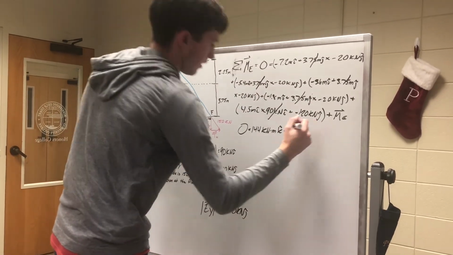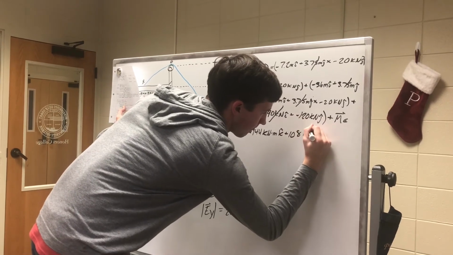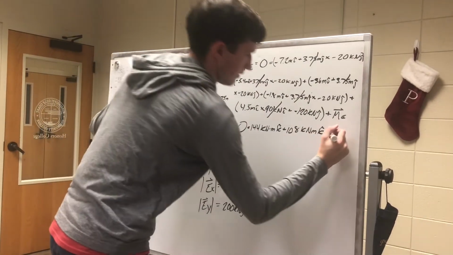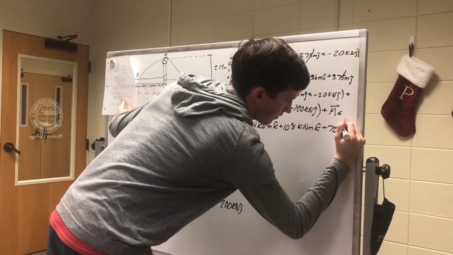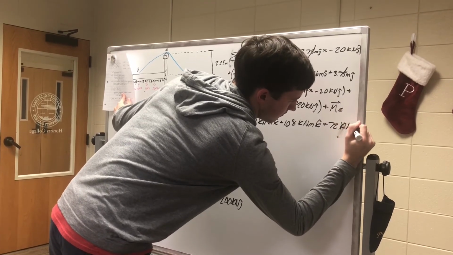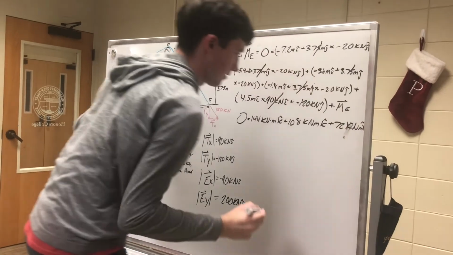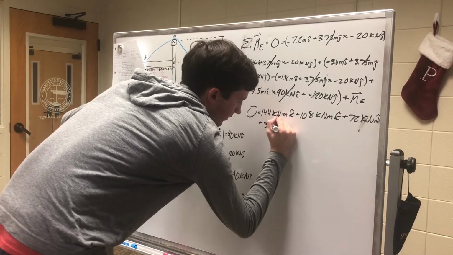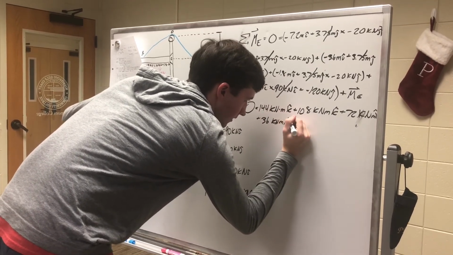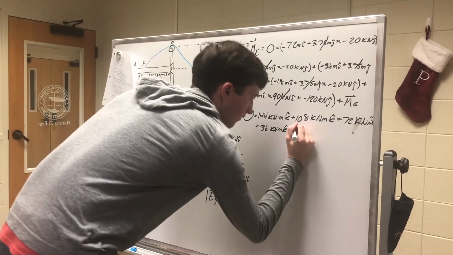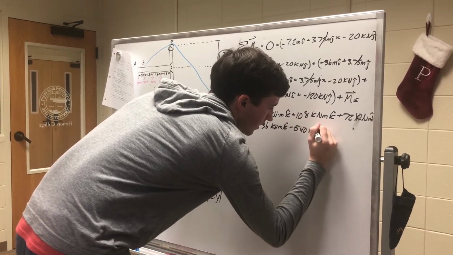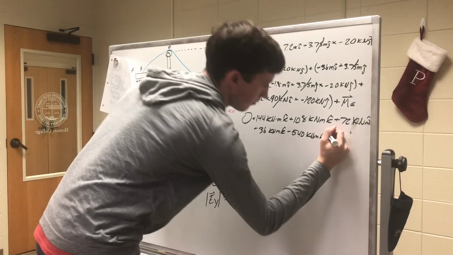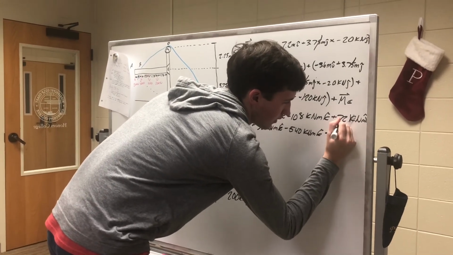Plus 108 kilonewton meters K hat plus 72 kilonewton meters K hat plus 36 kilonewton meters K hat minus 540 kilonewton meters K hat, and this minus came from the tension force, plus the moment force at E.